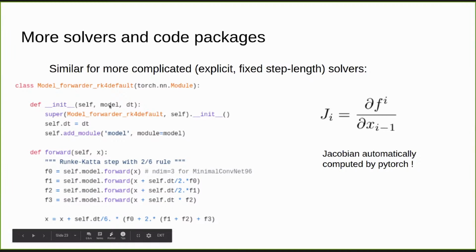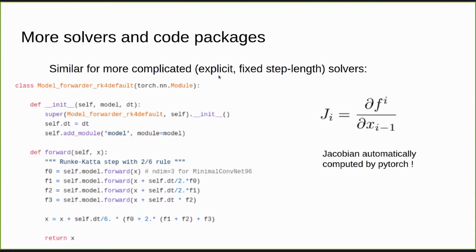Model is going to be the right-hand side of your differential equation. This is going to be the solver for it that does one step from t_i to t_(i+1). That's the numerical integration. And then you can just ask PyTorch to give you the Jacobian. You don't need to manually keep track of it. So it can be very simple.